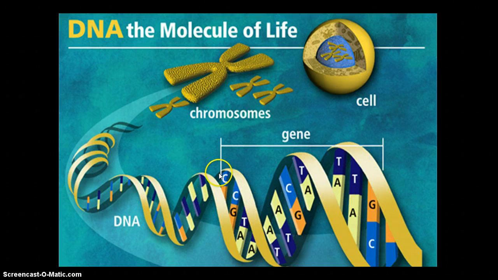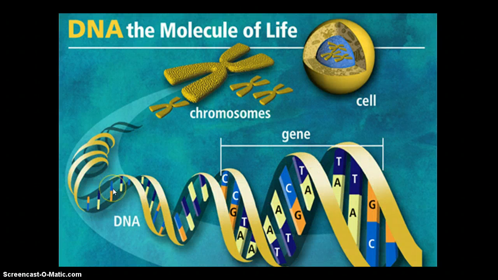If we take DNA and we unravel it from the chromosome and we look at it, there are segments on this DNA that are called genes. And genes are going to code for traits. I'm sure previously you heard the word gene before, and you know that genes are what make us who we are. Or you've heard the expression, you have good genes, or you've got your mom's genes or your dad's genes, and that just comes from this.